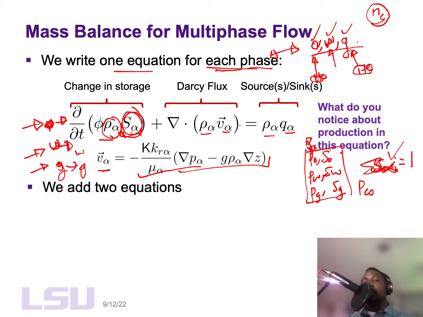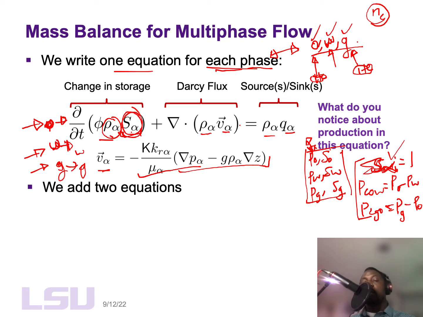So this is one equation. PCOW is PO minus PW, and then PCGO for oil and gas phases is going to be what? PG, the non-wetting, minus PO. So those are the three equations that make the equation set closed.